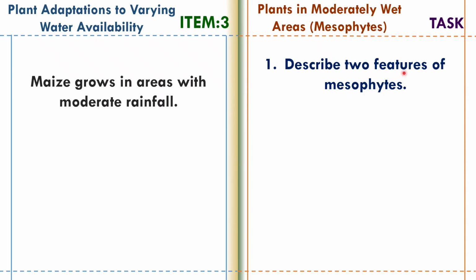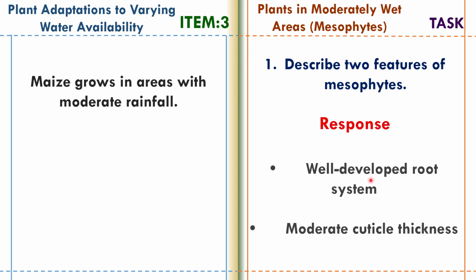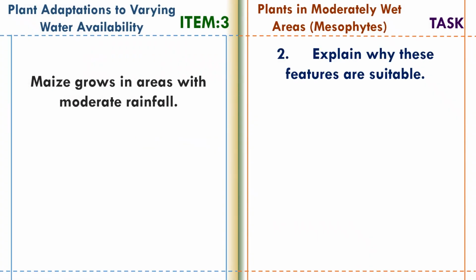Describe 2 features of mesophytes. They have a well-developed root system and moderate cuticle thickness. Explain why these features are suitable.